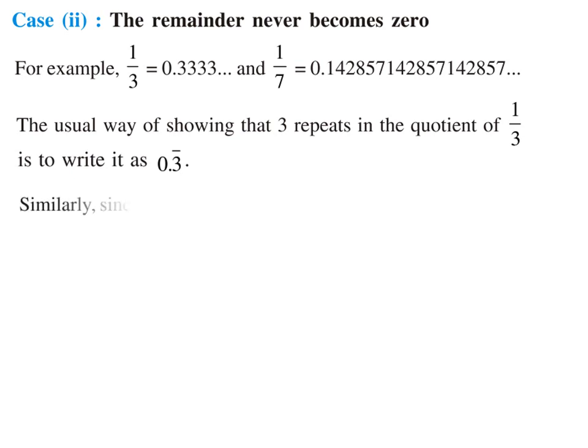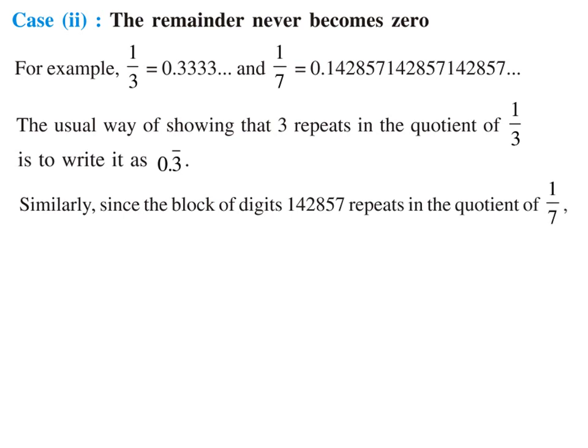Similarly, since the block of digits 142857 repeats in the quotient of 1 by 7, we can write 1 by 7 as 0.142857 bar. Here 142857 is a repeating block, so we make a bar on the repeating digits.